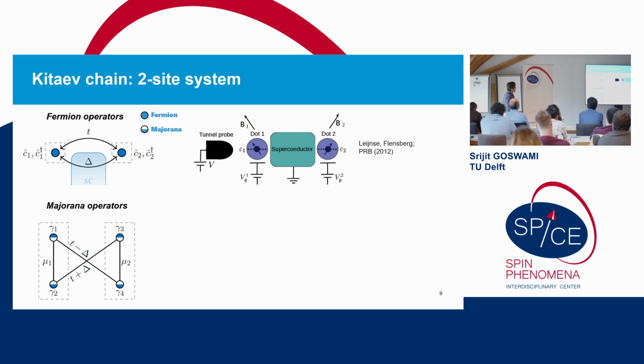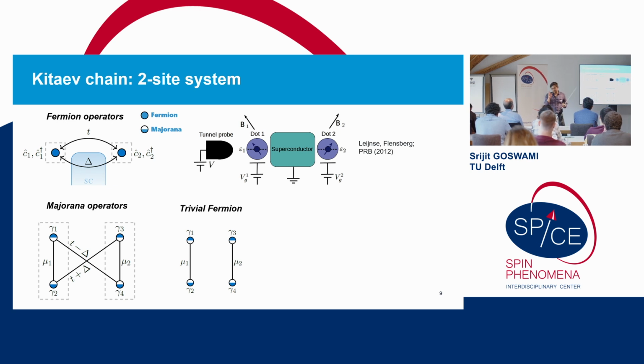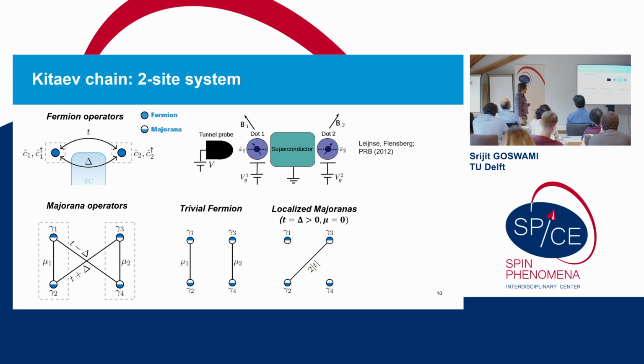So if you sort of keep this in mind, you can again think of the different limits, right? So this is the trivial fermion, which means that there is no interaction. T equals delta equals 0, right? So this is just, think of it as essentially a simple basis transformation.